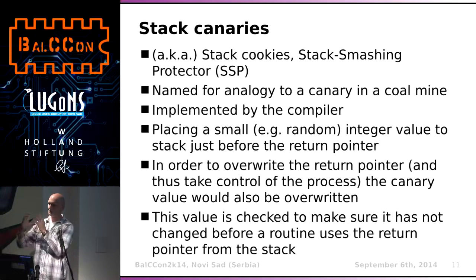It's put just before the program parameters and the return address, and if this value is overwritten by the buffer overflow, then after the part of the function where we could take over the execution control, there is one mechanism implemented by the compiler which checks the stack canary. If it's missing or it has an invalid value, it will just discard the further run.